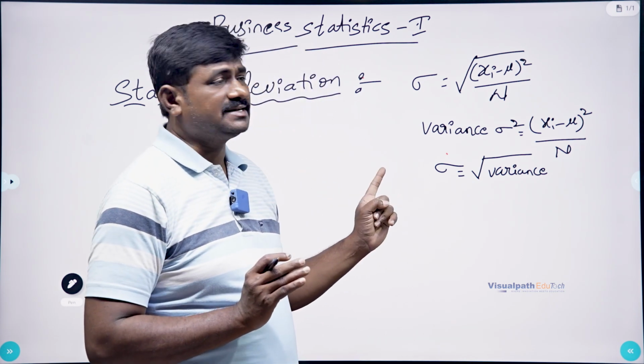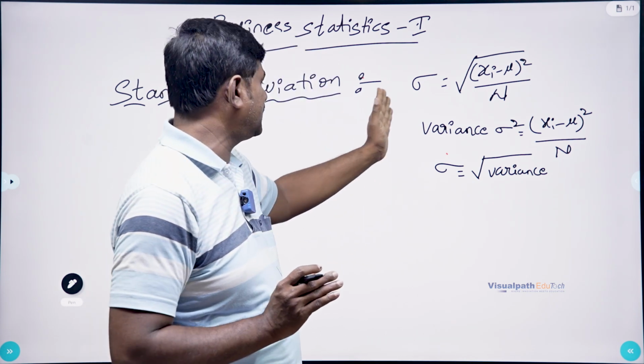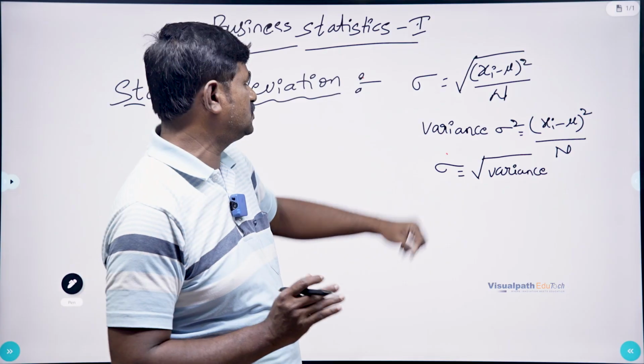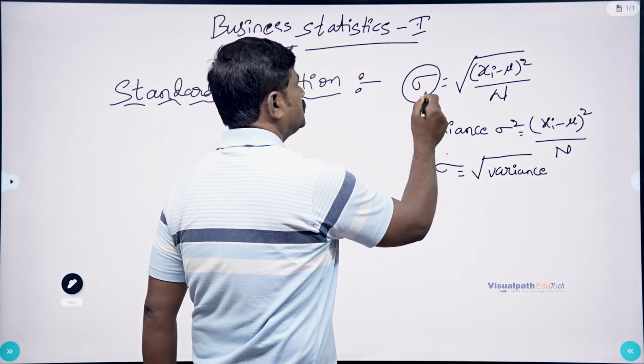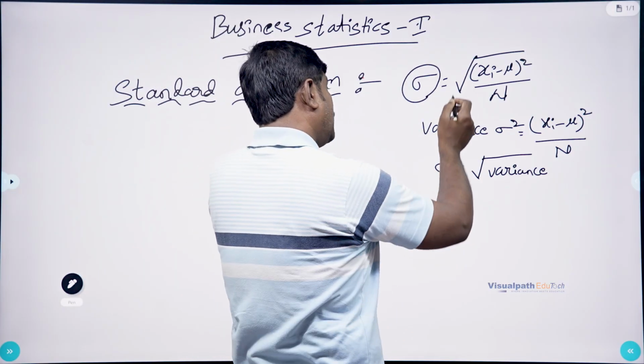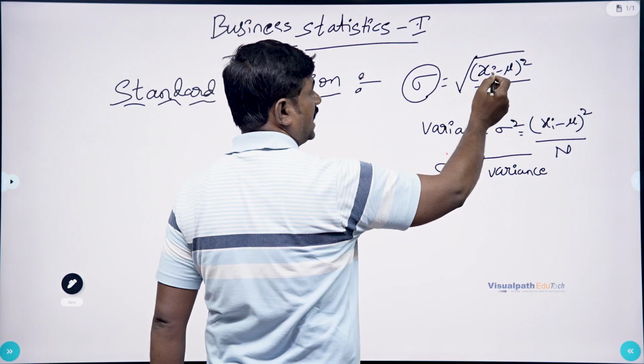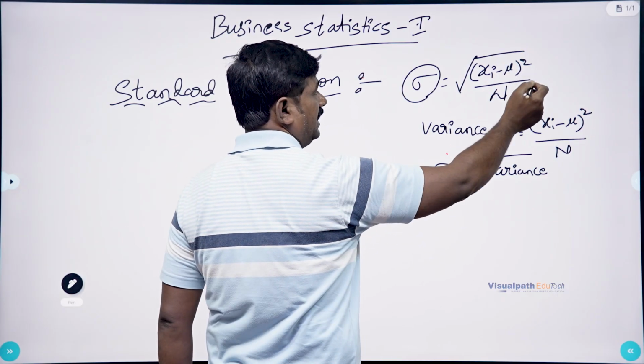We can denote the standard deviation by sigma. The formula is sigma equals the square root of the sum of xi minus mu whole squared, divided by n.